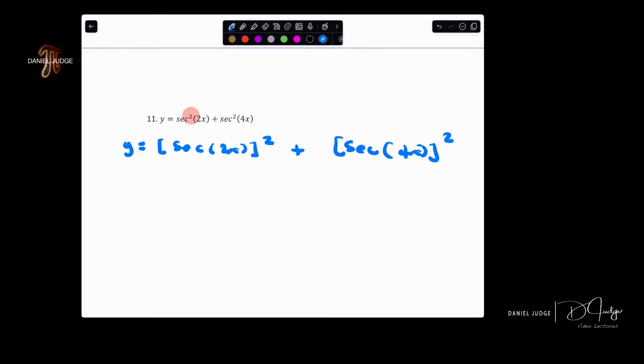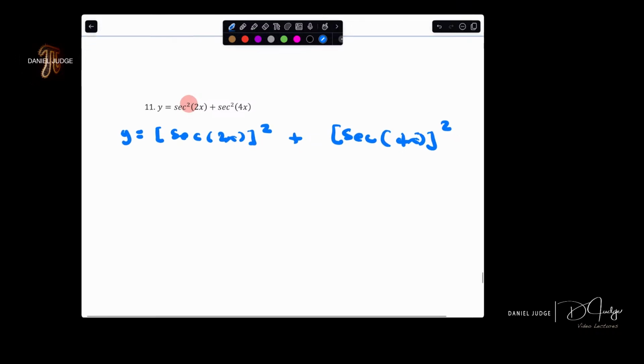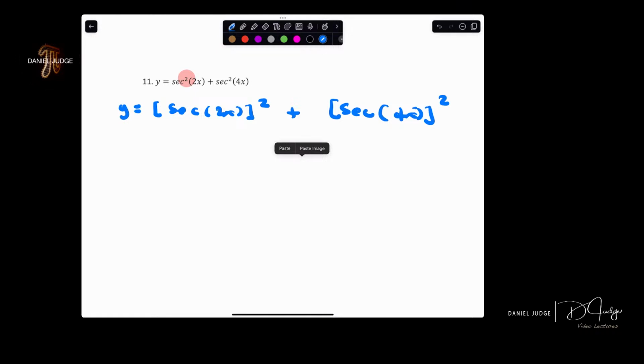All right, number 11. So you have, again, power rule with chain rule. If you have u to the second power, that's really 2u times du dx. Power rule with the chain rule.